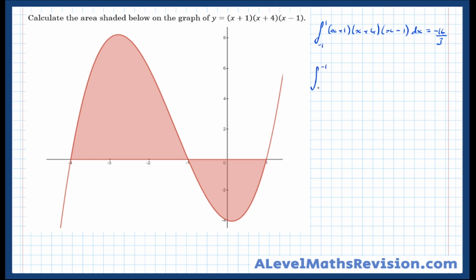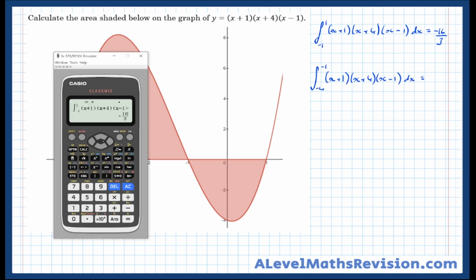And then minus 1 and minus 4 of the same thing equals 63 over 4.